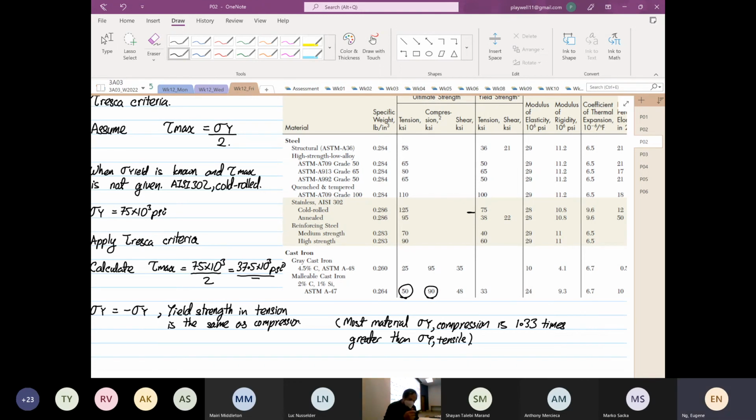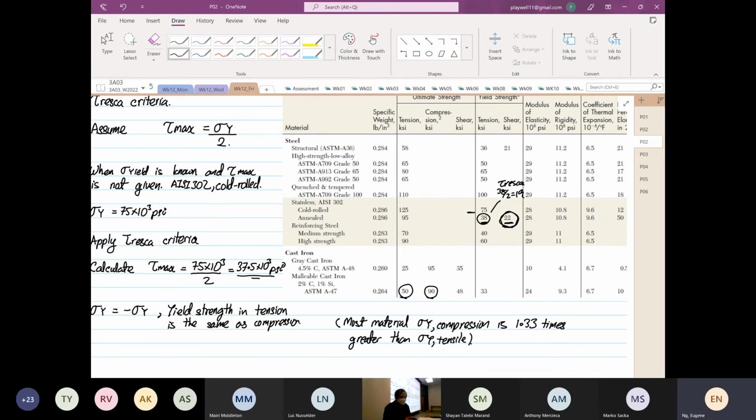So you can see some values are given in terms of tension and shear. If we were to use that criterion, let's say we don't know the shear, it's 22 when tested. So if we don't know, we can calculate using Tresca, for this case, 38 divided by 2 is equal to 19, but when they actually did a test, they got 22. So it is safe. What I'm trying to say is it's conservative, so you'll be fine.